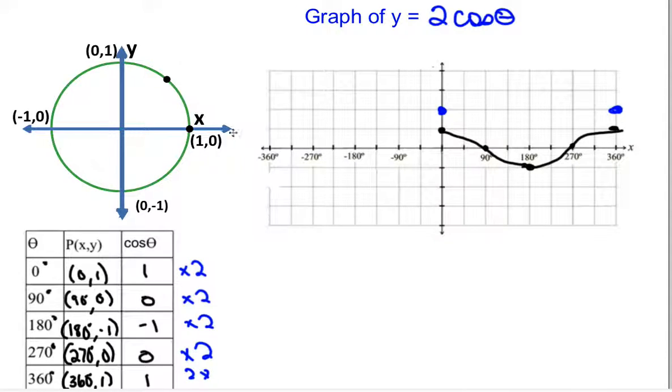It's going to be the same thing, because that right there is the same point on our circle. Then at 90, 0 times 2 is still going to be 0. And then down here at 180, negative 1 times 2 is going to give me negative 2. This one goes back to 0. And again, we're back to 360, which is exactly the same thing as 0.